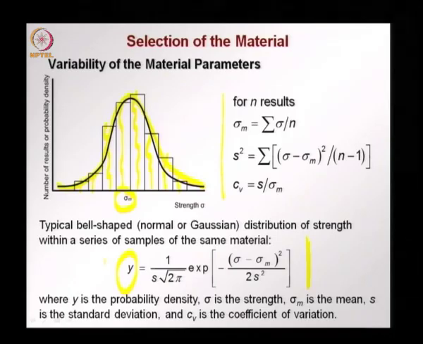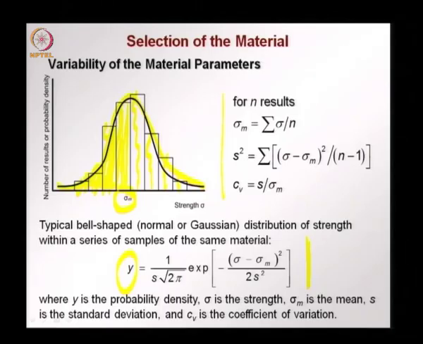What we find here, and we will continue with this concept later, is that we have half the specimens with a strength lower than the mean value. This is what is important to remember.